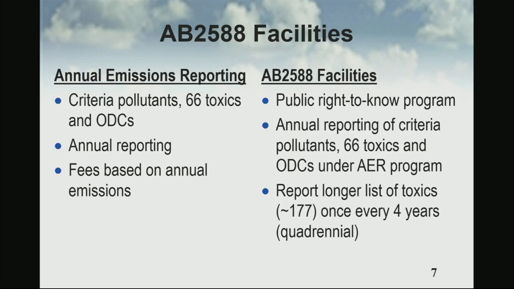These are all reported annually and are assessed a fee if applicable. However, for AB 2588 facilities, there's an additional reporting of a longer list of toxics once every 4 years, approximately 177 of them.